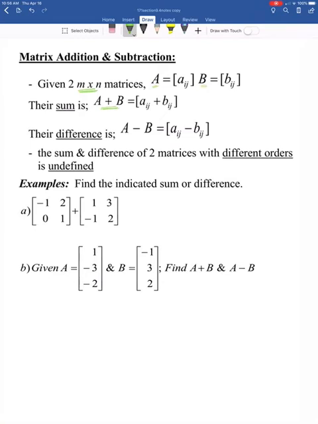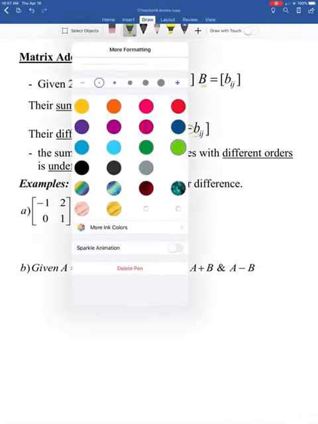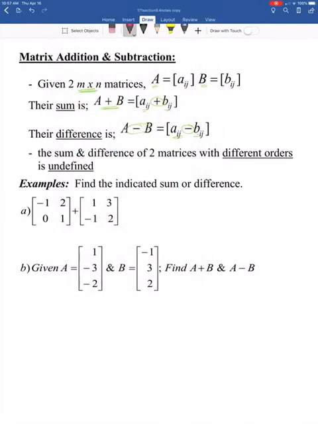So the ith row, jth column entry of matrix A would have to be added to the ith row, jth column entry of matrix B. So for example, row 1, column 2, you got to add row 1, column 2 in the other matrix. And same goes with difference. We got to find the corresponding entries and subtract. So making a little note, we got to add and subtract corresponding entries.